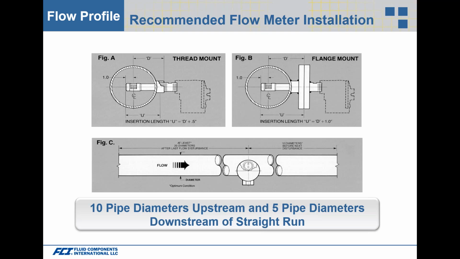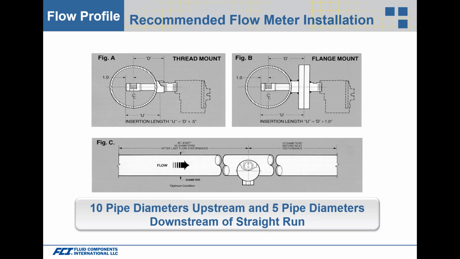And then how much straight run? Standard in the industry says 10 pipe diameters of straight run upstream and 5 pipe diameters of straight run downstream are required. But what this does is it provides a certain confidence level, a 95% confidence level, meaning that of all the disturbances out there, if you have that much straight run, it's going to eliminate any kind of flow profile disturbances.